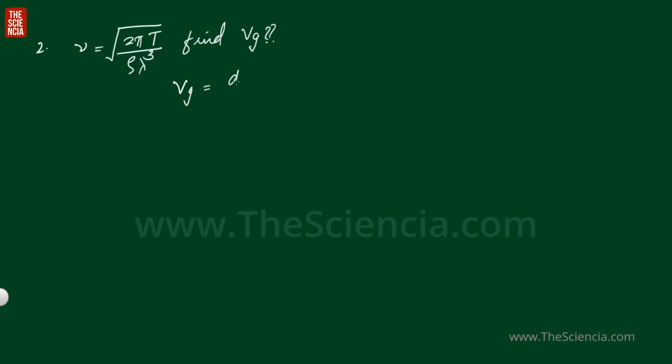One is Vg is equal to d omega by dk, another equation is Vg is equal to minus lambda square d nu by d lambda, and Vg is equal to d e by dp. So which equation is suitable here? Second one, right? Because nu is given and it is a function of lambda, right?